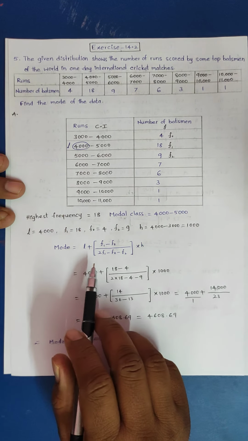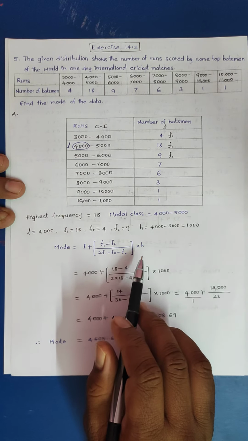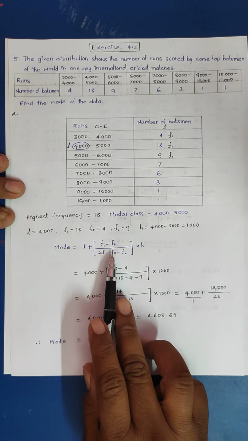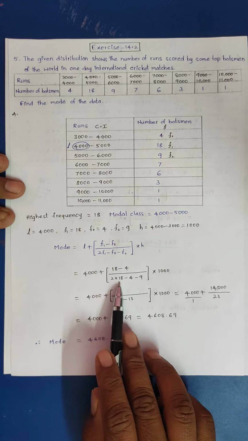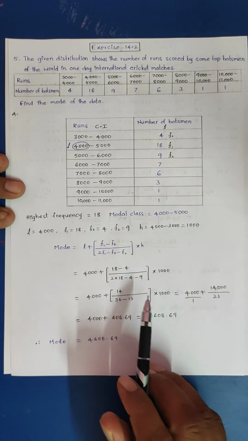Then write the formula. Mode is equal to L plus F1 minus F0 by 2 F1 minus F0 minus F2 into H. 4000 plus F1 18, F0 4, by 2 into 18 minus 4, F2 9, into 1000. Okay.